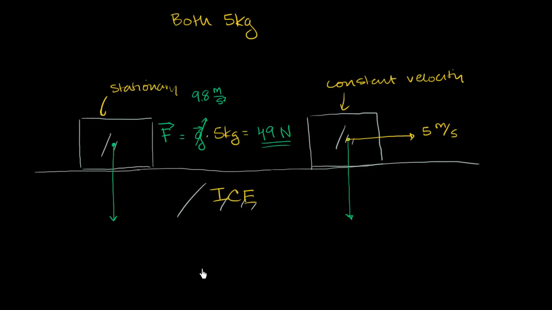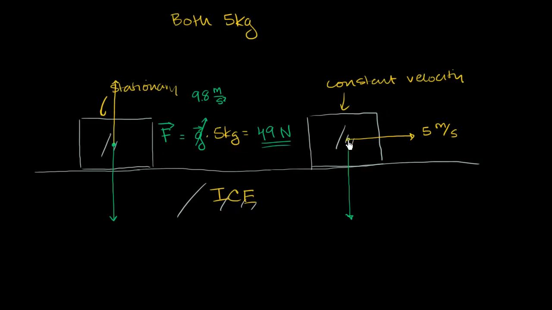And you say, well, I guess if these things would be falling, if not for the ice, the ice must be providing the counteracting force. And you are absolutely correct.